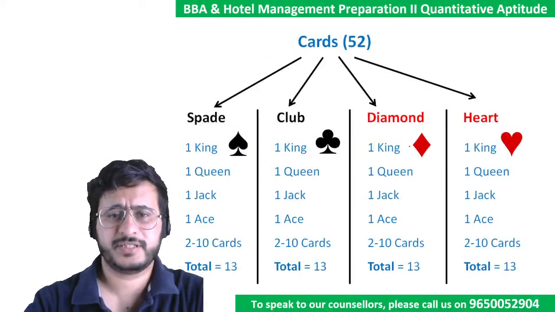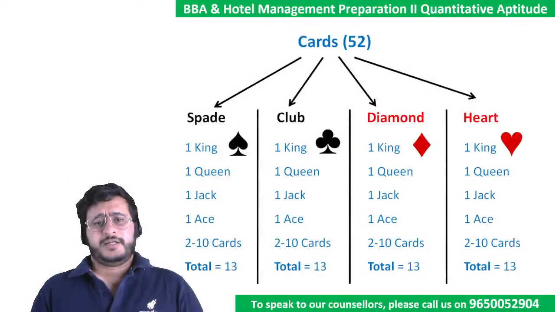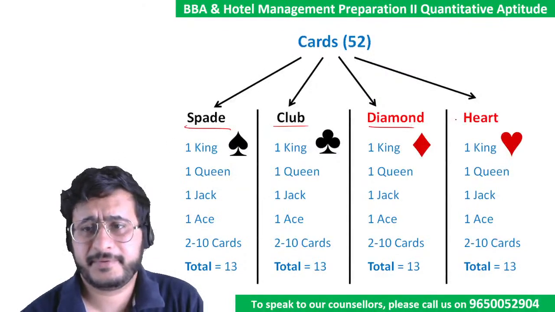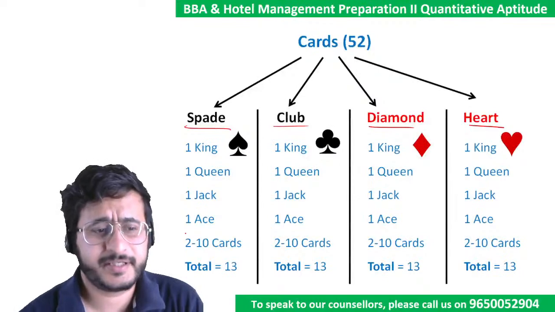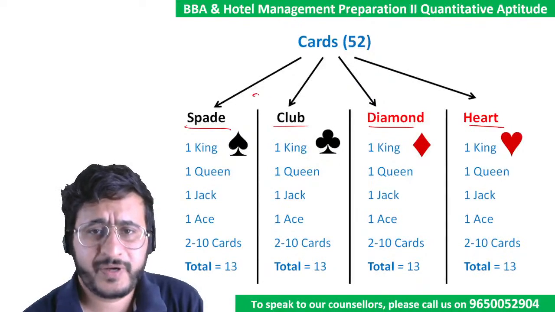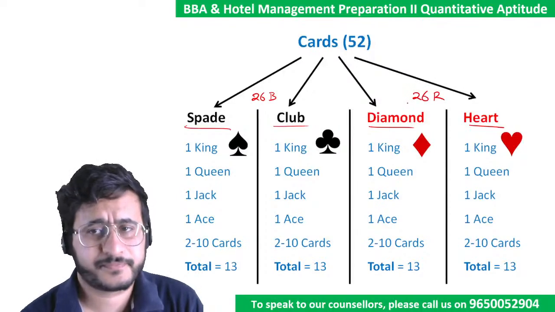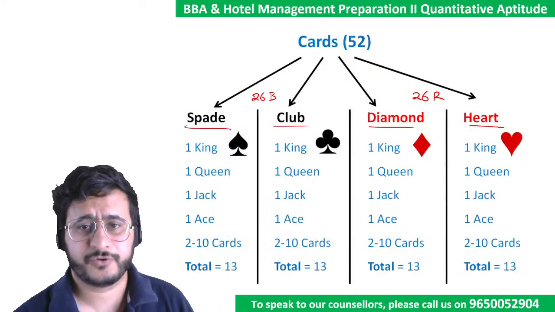The 4 suits are spade, club, diamond and heart. You have 26 black cards and 26 red cards.